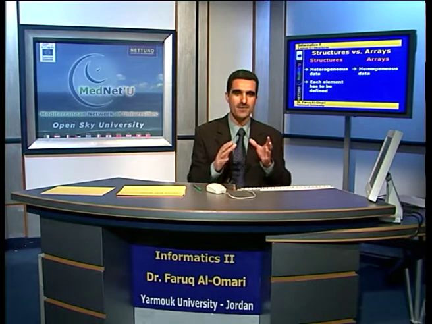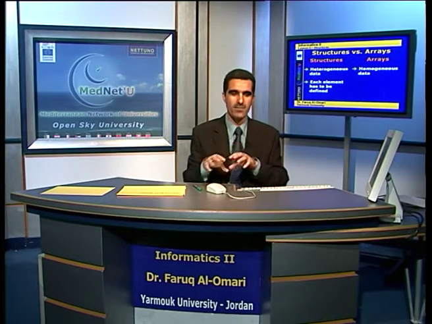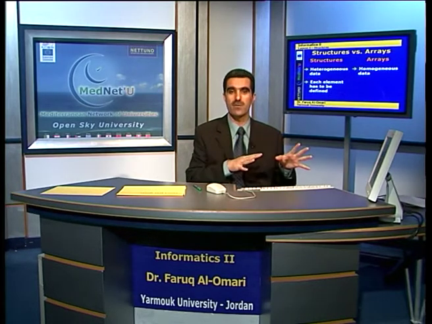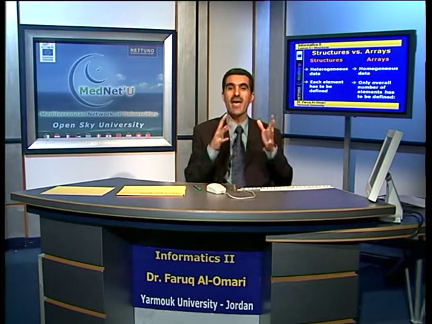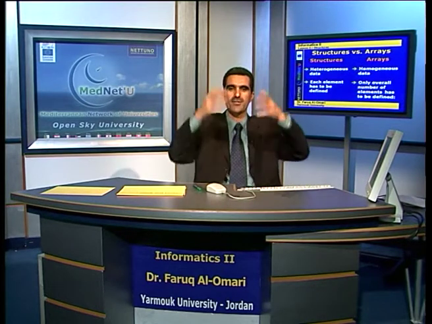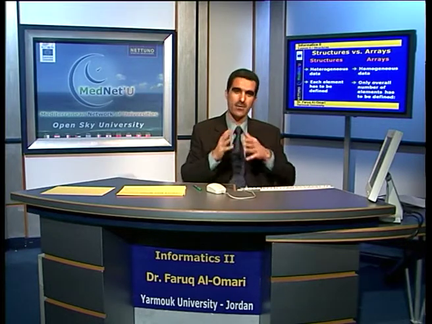Since all elements have different variables, I have to define them separately, individually. I have to specify the variable name, the variable ID, the variable grade, the X component, Y component, salary, whatever. Whereas in the array, I just say a of 20, and that means I'm defining the whole array structure in one definition statement, because all entries are of the same type.